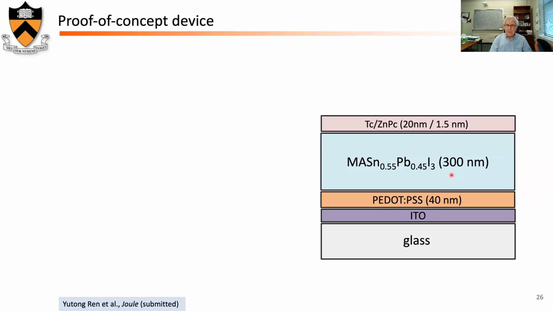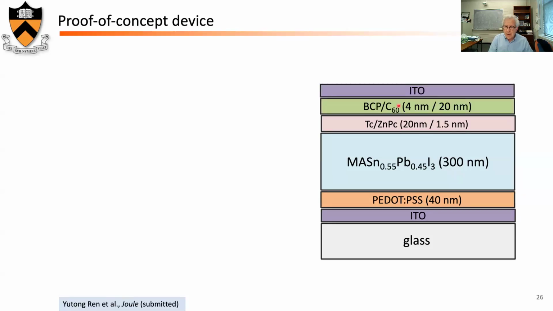Sometimes we do not have the tetrazine zinc PC. Sometimes we have just the tetrazine, as you will see. And then on top, an electron transport layer, C60 with BCP, and then a contact ITO, and then a silver grid.